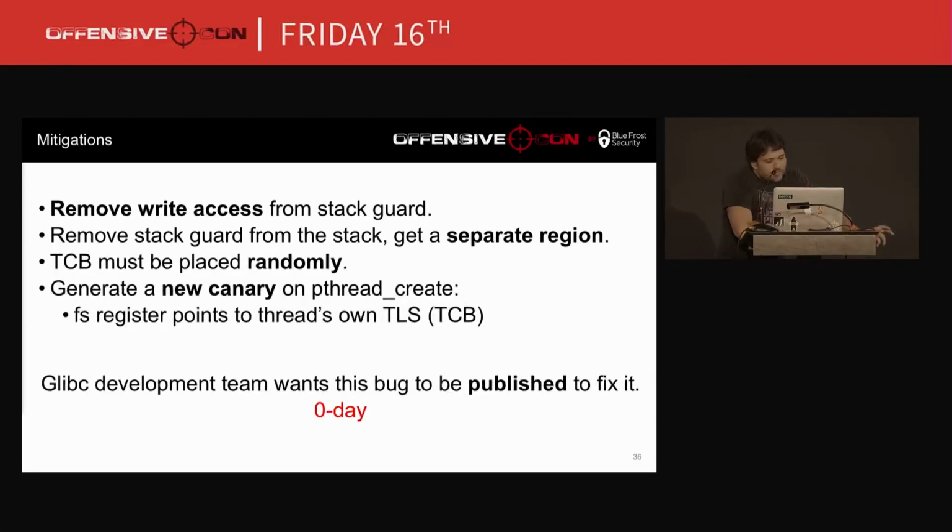Another good idea is to have a new canary. Since we use the FS register for every thread, we can generate a new canary for every thread. And only Linux can do it, because, for example, in Mac OS X and Windows, the stack canary is kept in static variables. So I think it's a really interesting idea. But anyway, this bypass technique is zero-day for now.